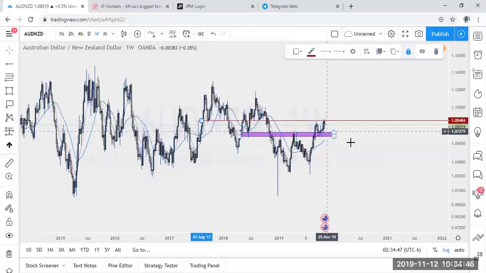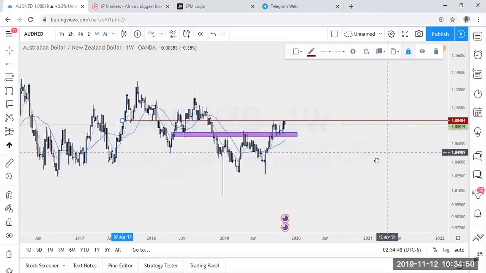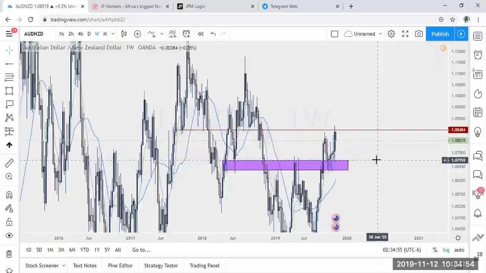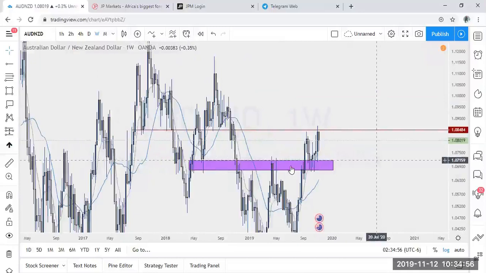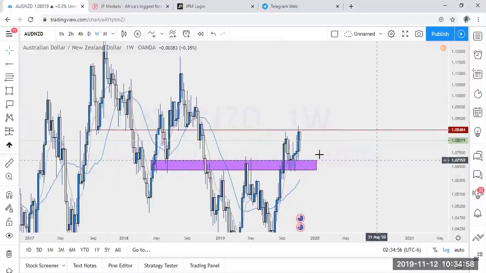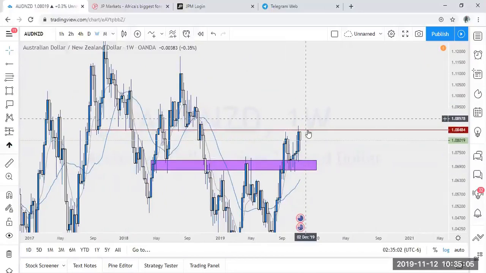But looking at how the candles are forming, let's just zoom in. Looking at how the candles are forming, we can see all the spikes to the low, giving us an indication that chances are we will be breaking through this resistance. But nothing is a sure thing, nothing is guaranteed.